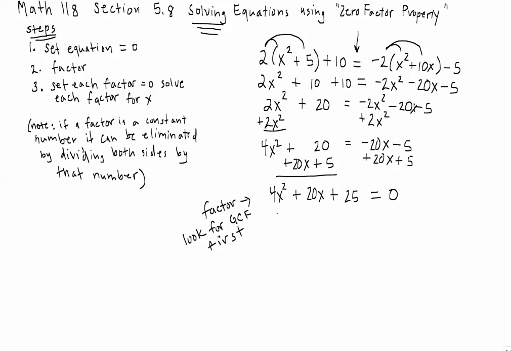So the next thing we do is look at the left side of this equation, and it's a trinomial. How do you factor a trinomial? I draw two sets of parentheses. Make sure your trinomial is in descending order.